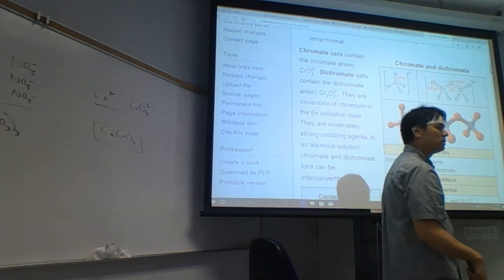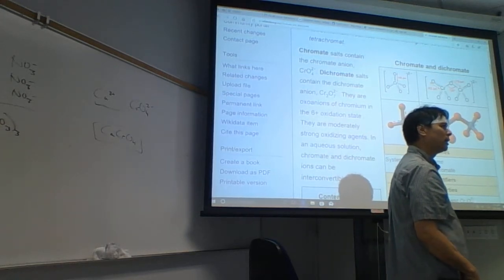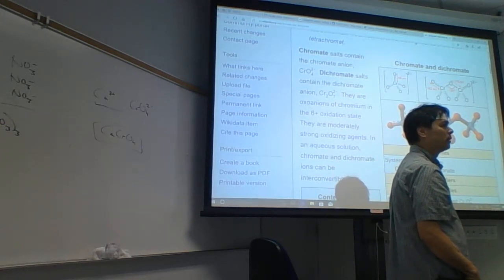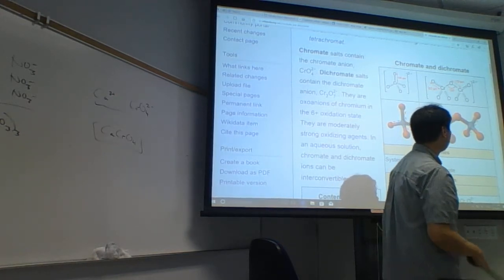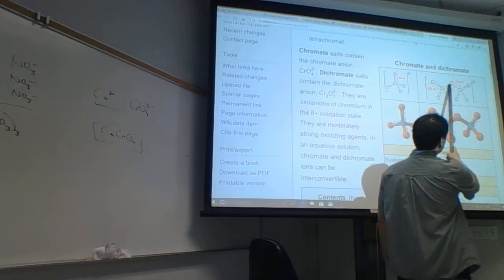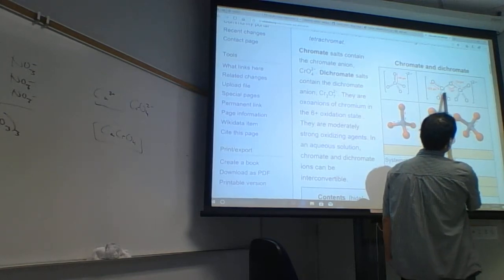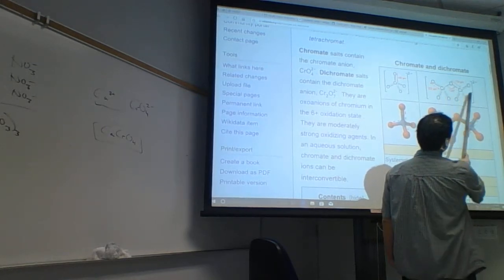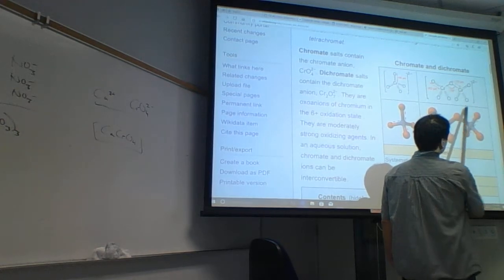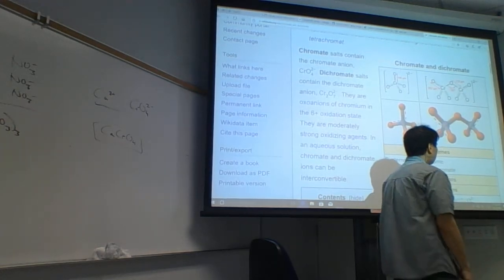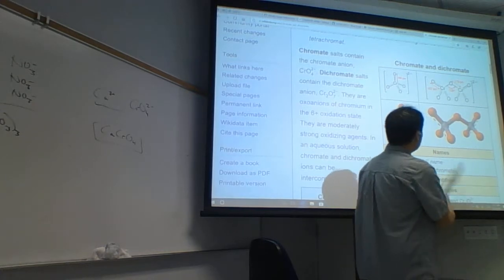The reason is an oxygen-oxygen bond like that is what we call a peroxide. Peroxides are unstable links. So what happens is one of these oxygens goes, and we form Cr2O7. One of the oxygens is gone.